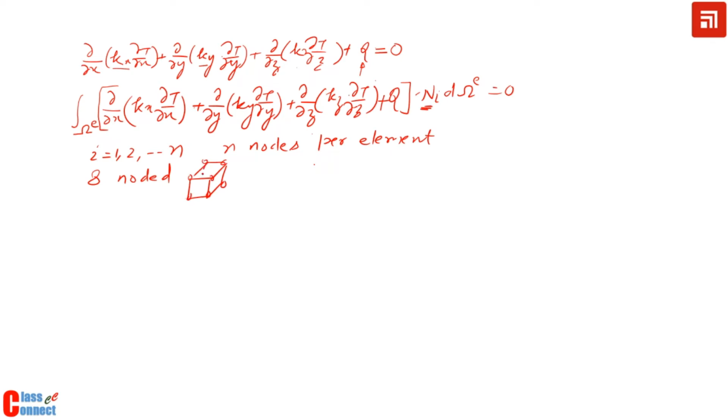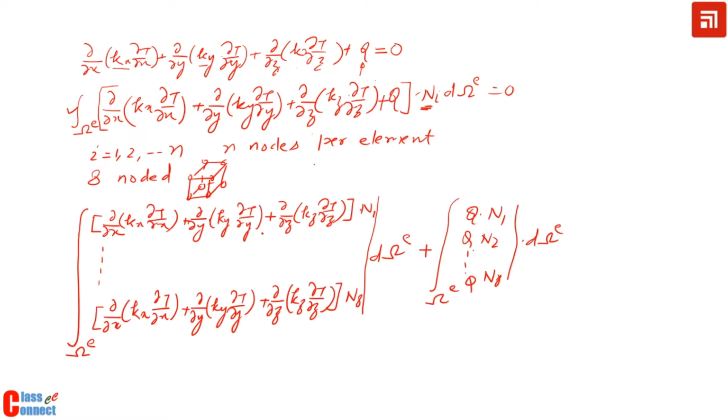So if I assume that there are 8 nodes, or I consider the 8 noded brick element, then I can write these as 8 equations as below. This is for the first node and this is for node number 8, and this term I have written here separately after this plus sign, that is q n1, and that is again for 8, and this is equal to 0.